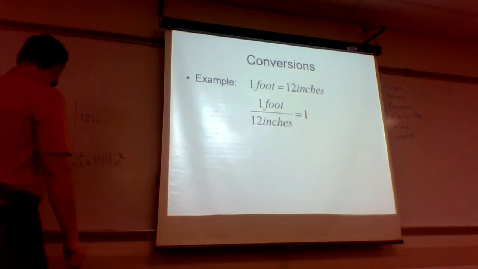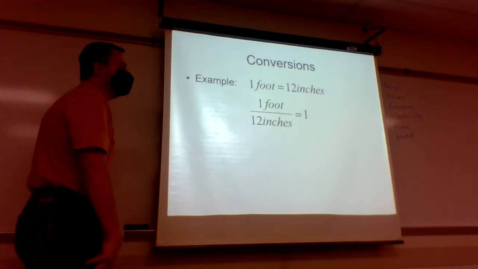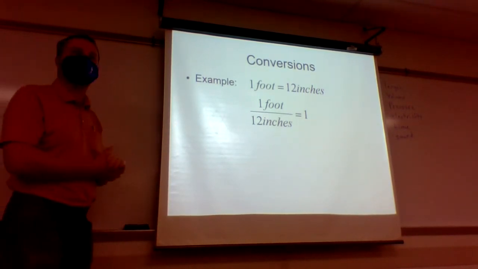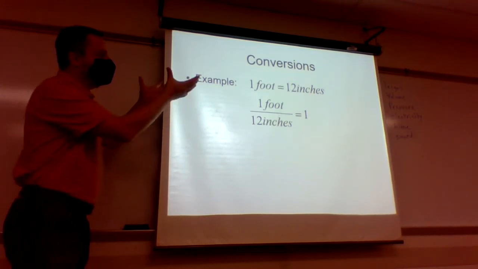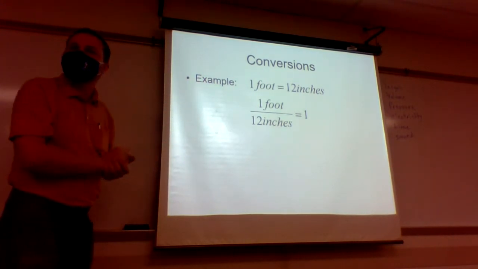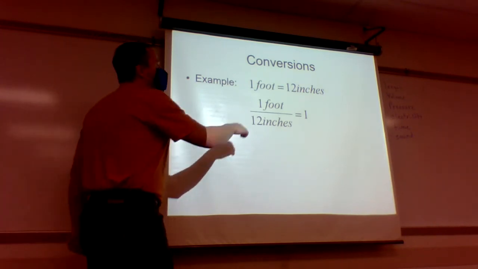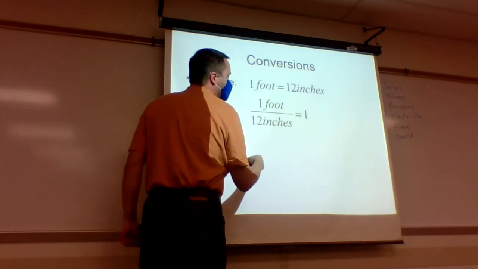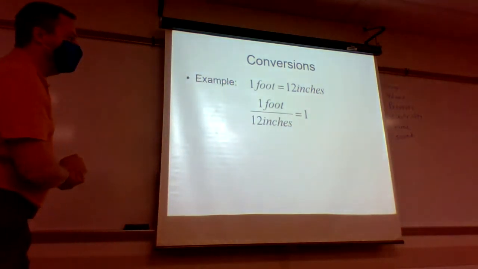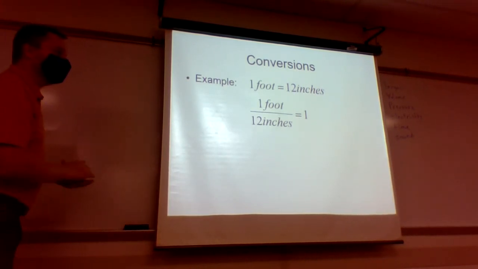So I said the first day, if I write an equation on the board and I move some things from one side of the equation to the other, that shouldn't be crazy for you. We got that? And like I said, treat your units just like it's an x, and all mathematical operations can take place. Okay? So if I've got 1x is equal to 12y, and I move everything to one side of the equation, you can see what happens there. So I'm saying 1 foot divided by 12 inches is 1, because they're the same quantity.